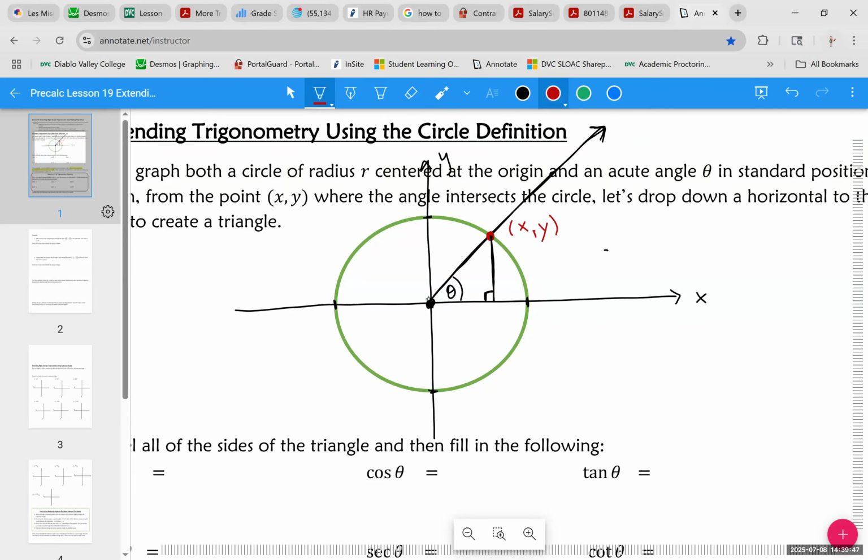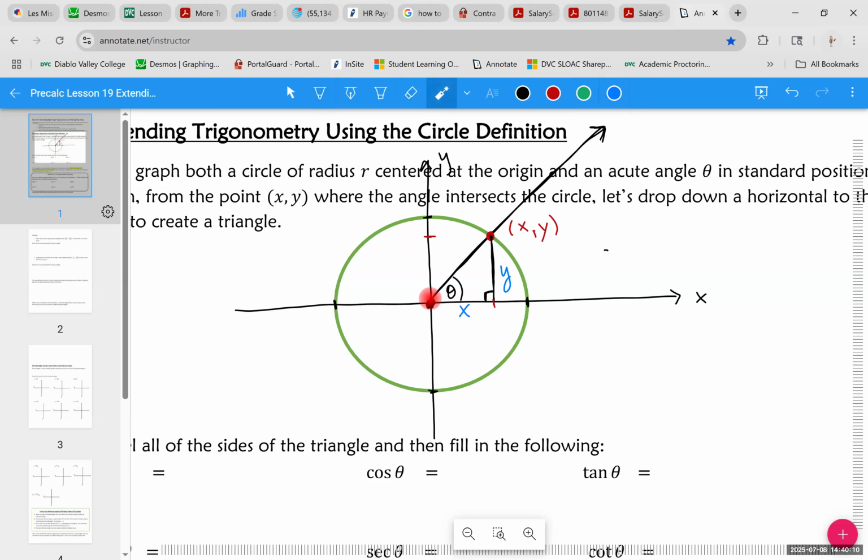Because this would be the x coordinate of that point, and this would be the y coordinate. So by this point being x and y, we can see that this side would be x and this side would be y. So I'm going to label this side x, get rid of this x just so it's not confusing, and this side y.